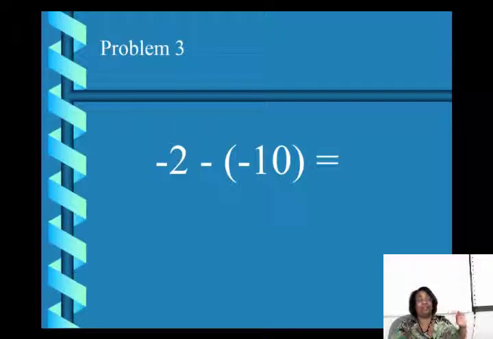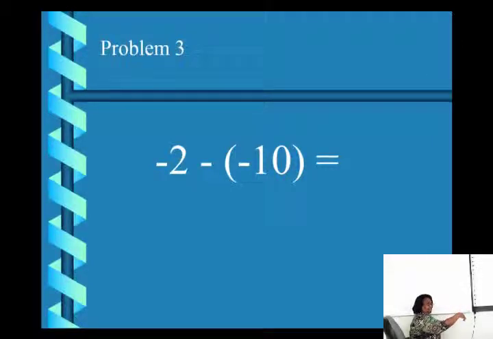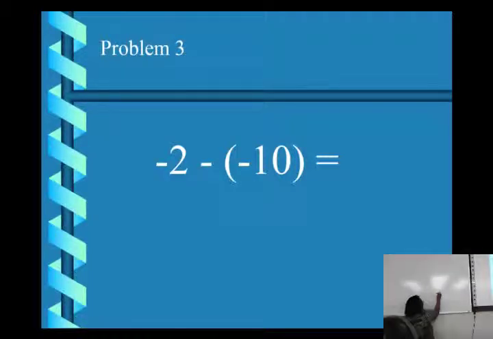Do I need to work that one out on the board? How does the negative 10 turn into a positive 10? Because you have minus a negative, which is plus a positive. That's just how it goes. Remember, when you have minus a negative, you're changing directions.